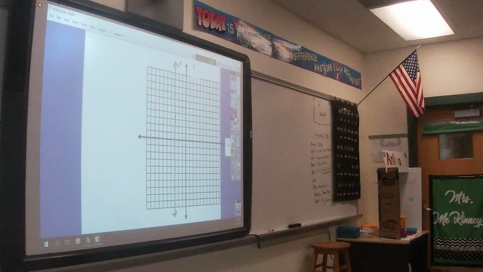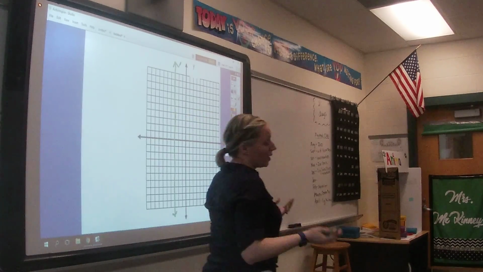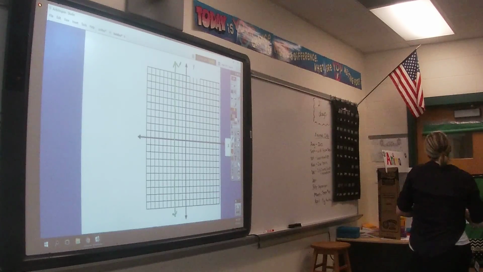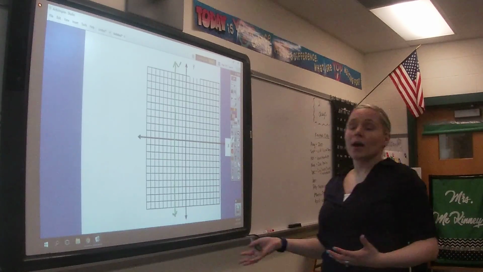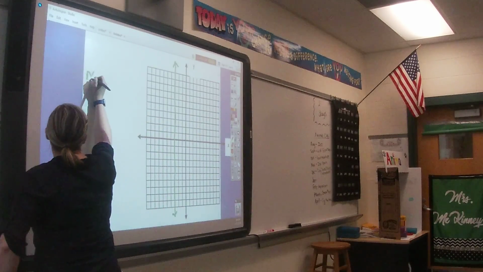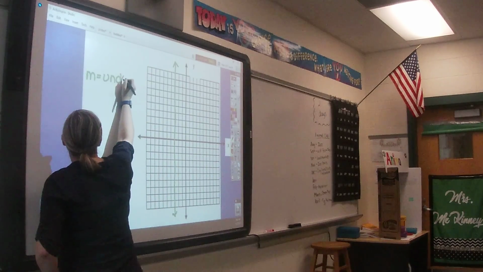If we want to write the equation of this line, I tell my students this all the time. Yes, you could go through a list of questions, but in the long run, we should just know that a vertical line is an undefined slope. We know that this means our slope is undefined.